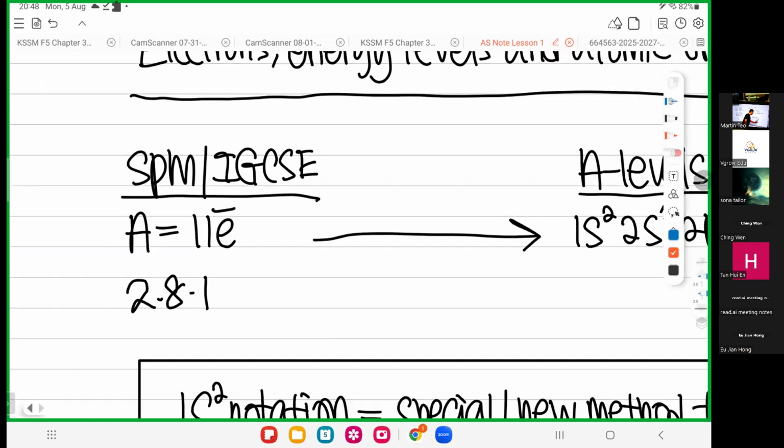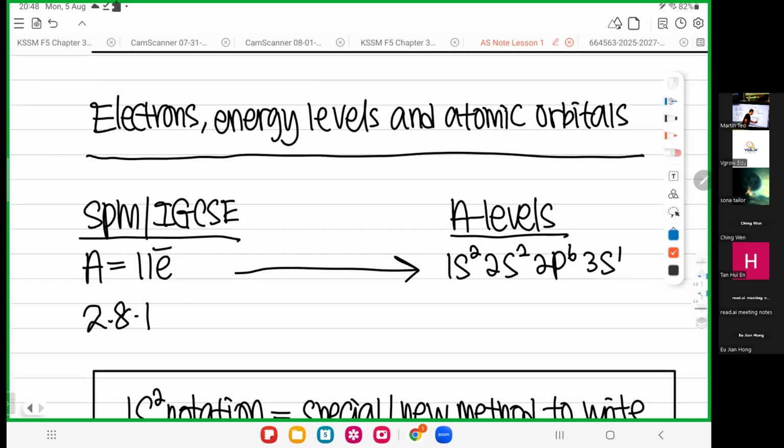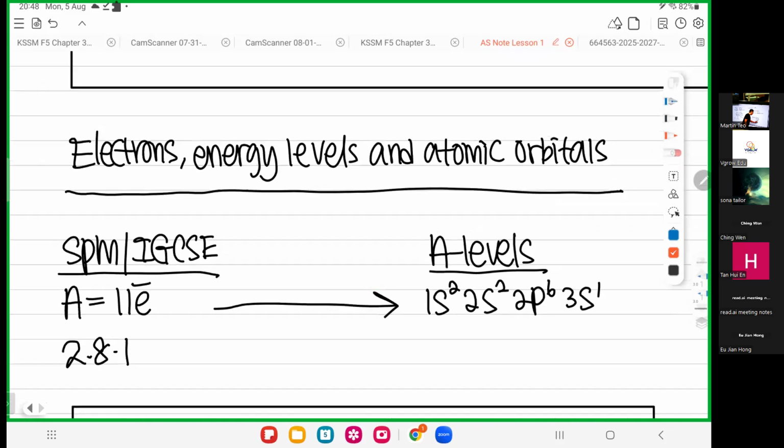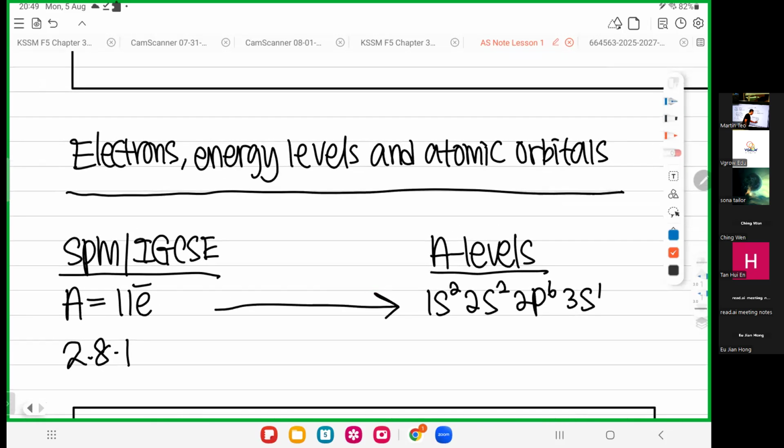Okay, so you see, guys, when you come to pre-U, you will find that many things you learned back in high school are not entirely correct. Example, in SPM or IGCSE, let's say the atom has 11 electrons, how do you write the electron arrangement back in high school?